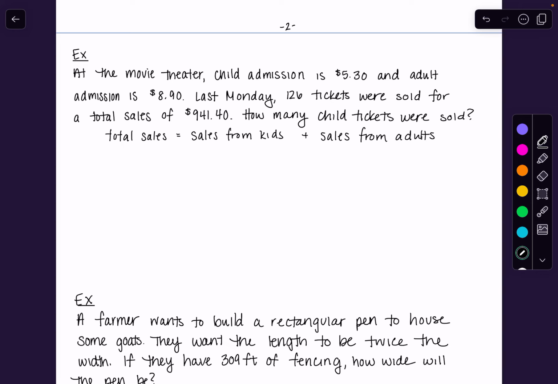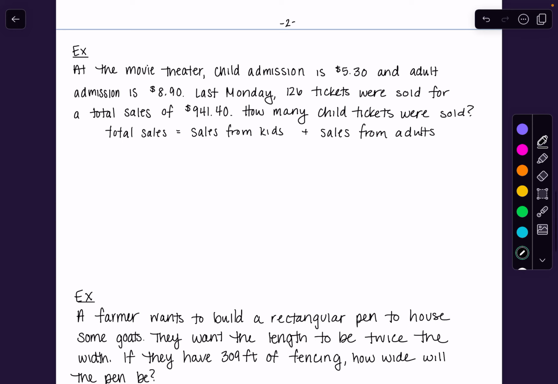And then we can break the sales down into an even more precise scale. Each kid's ticket costs $5.30, and we're multiplying it by however many kid tickets we sold to get the sales from that. So I can take this a step further and say my total sales is going to be broken down as the price per kid ticket multiplied by the number of kid tickets we sell.